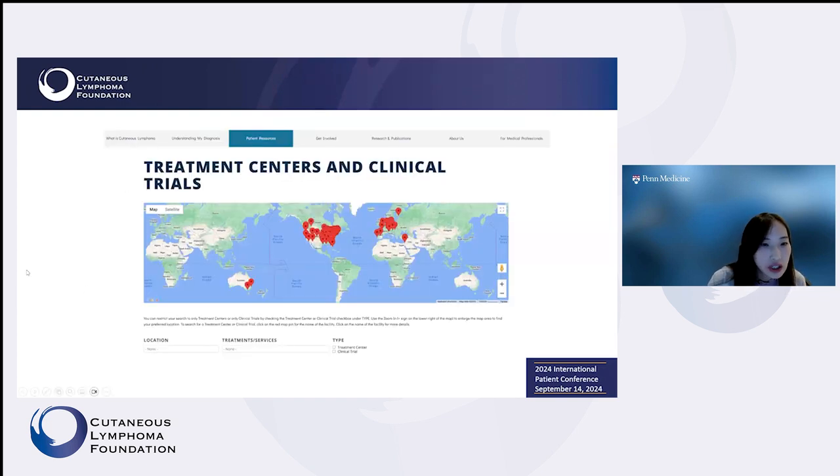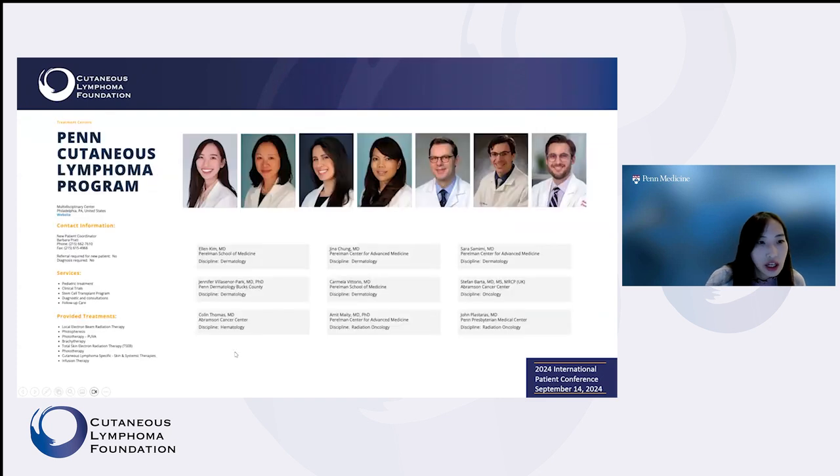So this is a really nice way to look for treatment centers close to you. So on the Cutaneous Lymphoma Foundation website, if you go to patient resources, this actually allows you to put in your location and look for lymphoma treatment centers that are closest to you. And if you look for Philadelphia, this is an example of what you might find. You might find a page of this is the Penn Cutaneous Lymphoma program.